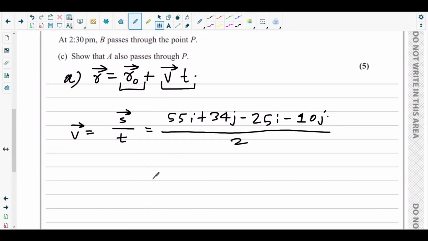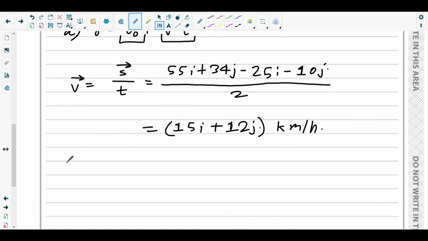So 30 over 2 is 15i, and 24 over 2 is 12j. The velocity is 15i plus 12j kilometers per hour.